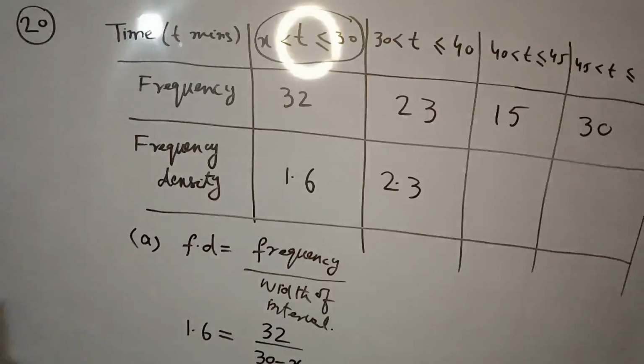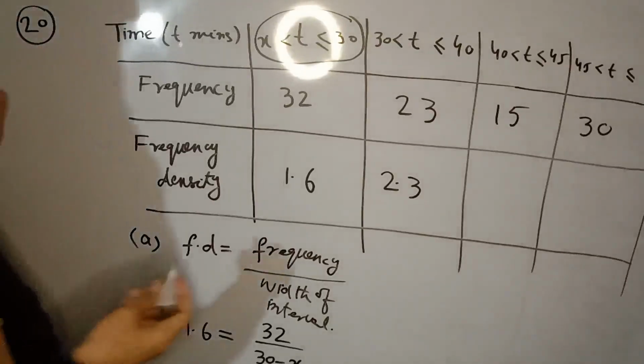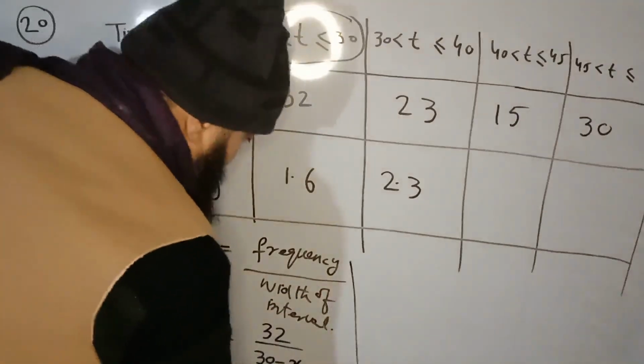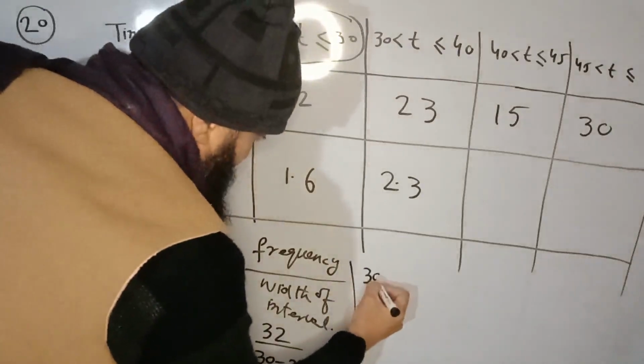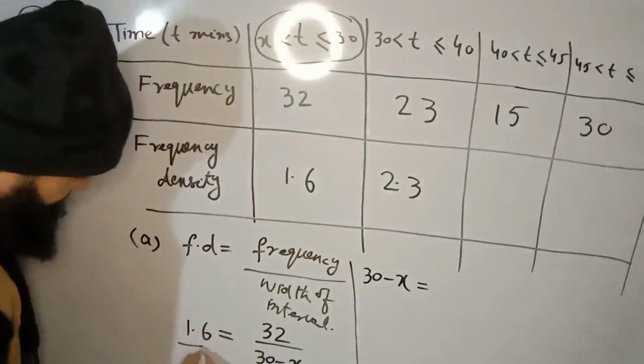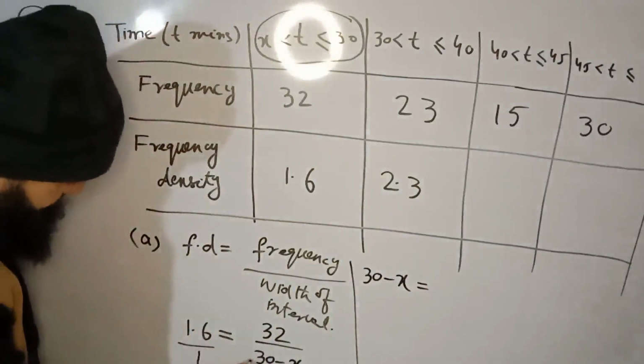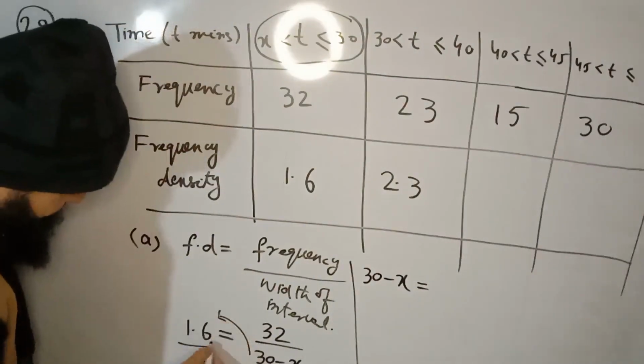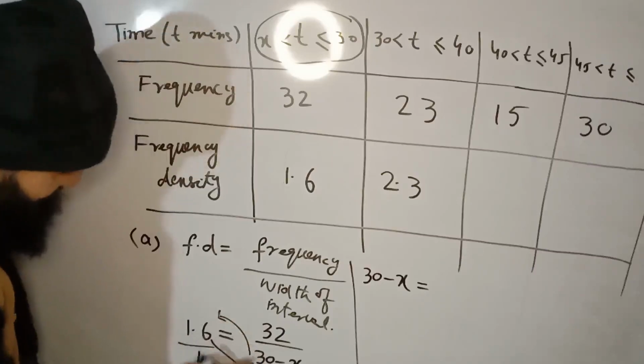Okay, so we solve it. Therefore, I can write it like that: 30 minus x. We shift the 1.6 here, so it will be divided here.